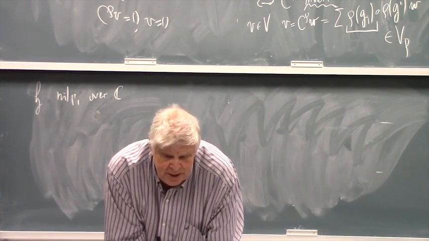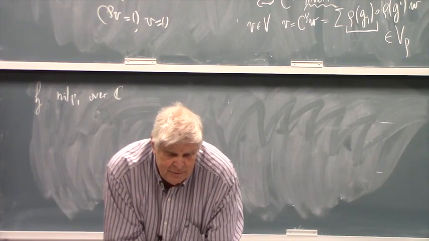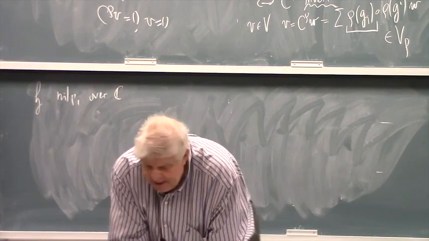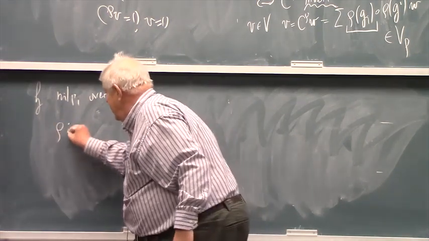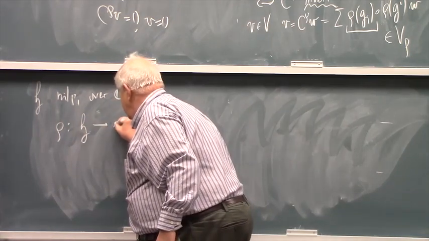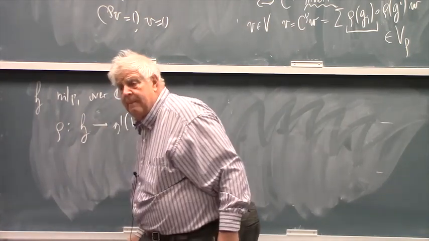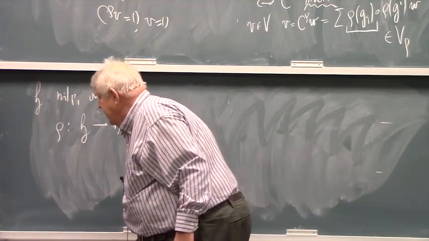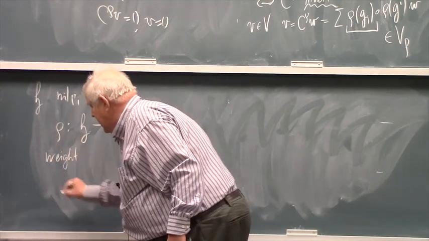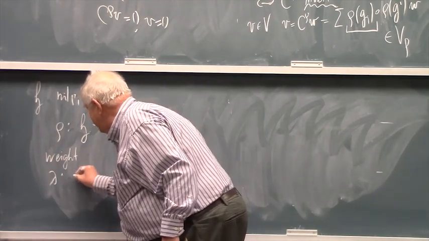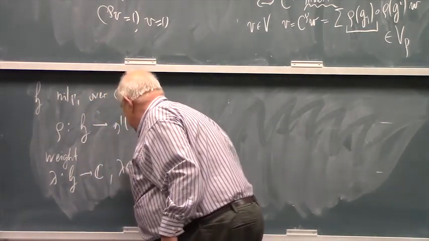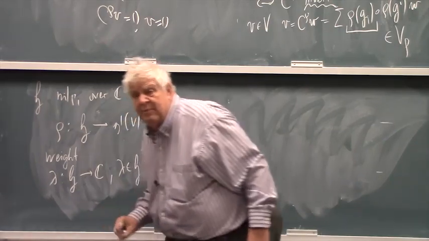So H is a nilpotent Lie algebra, and the ground field is an algebraically closed field, like C. I consider a representation of it in some space V. Then a weight. Consider an arbitrary form lambda on H. So lambda is an element of the dual space to H.